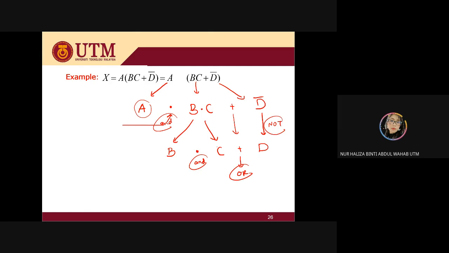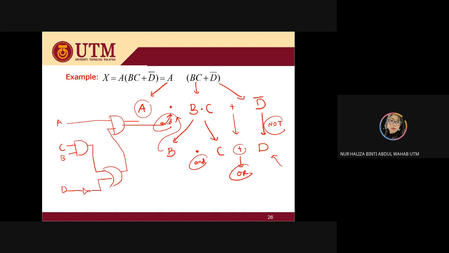So from bottom to the top, you will have D. From D, you have the NOT gate. And you're going to have the multiplication. Not multiplication, addition with your B dot C. From this output here, you go up, you're going to meet the multiplication.